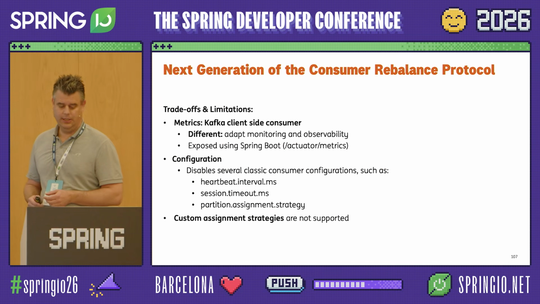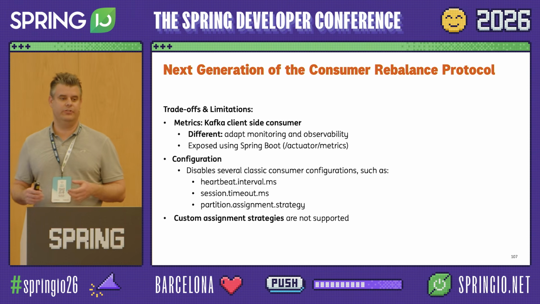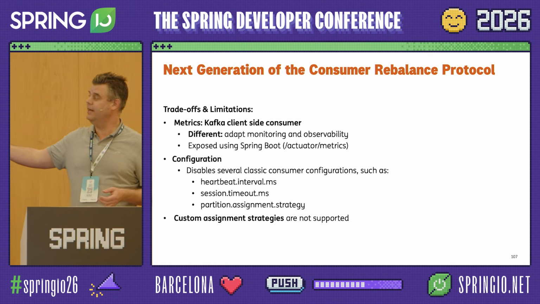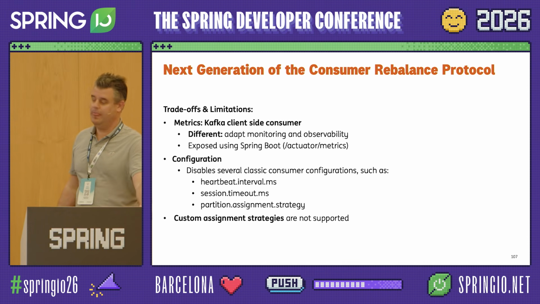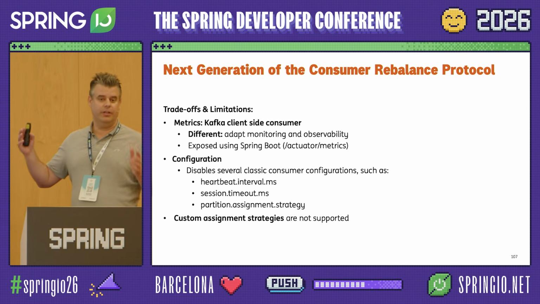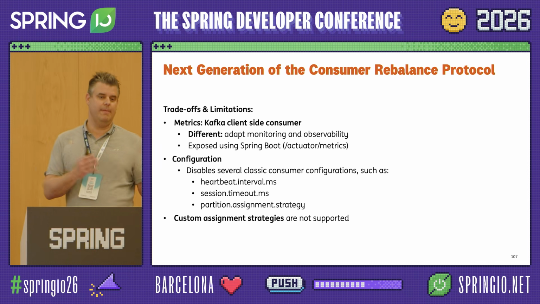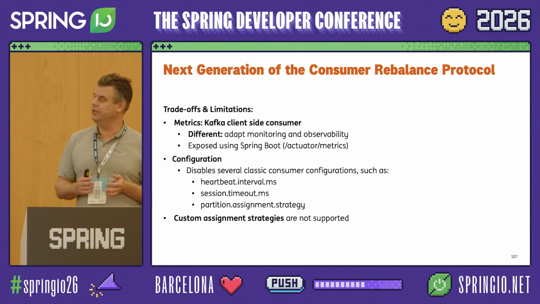We saw it in action. A couple of limitations and trade-offs, because there is no free lunch, although it was nice to see the migration happening without any downtime, because a lot of those logic for the rebalance is now moved into the broker.